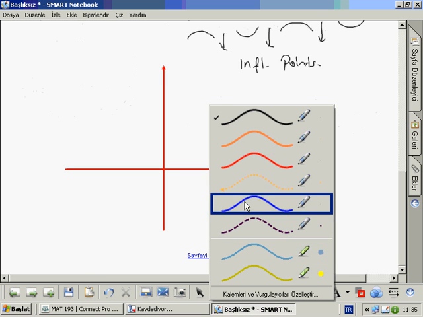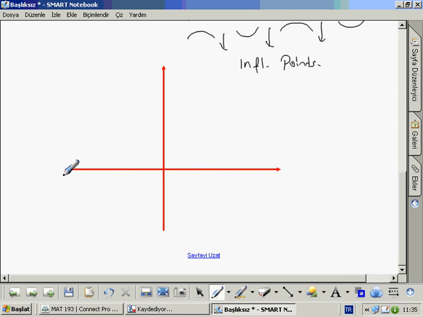When you sketch this function approximately, you will obtain this. This is +1, this is -1, and this is minus square root of 3, and this is square root of 3.